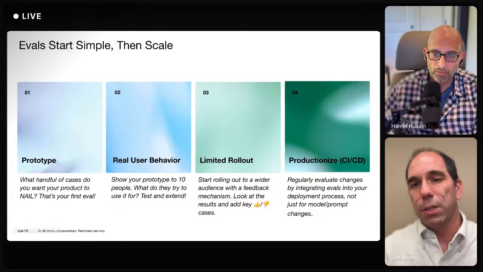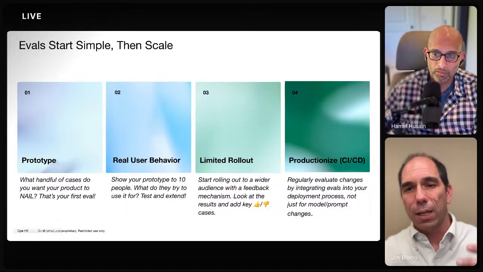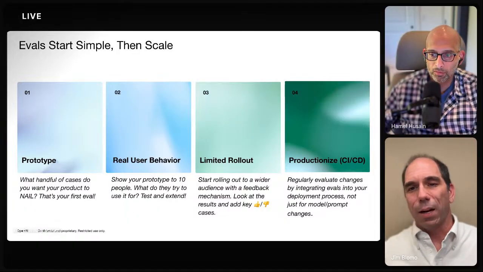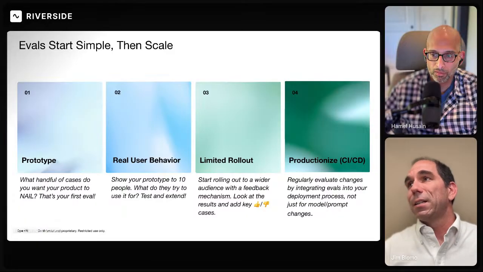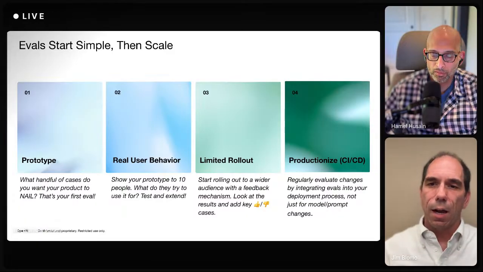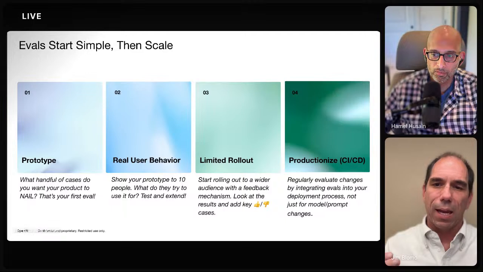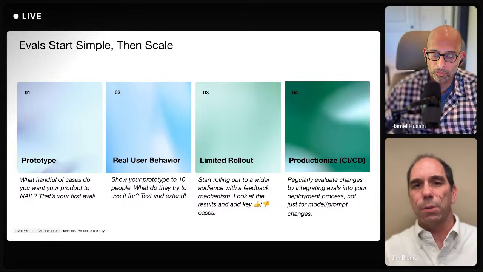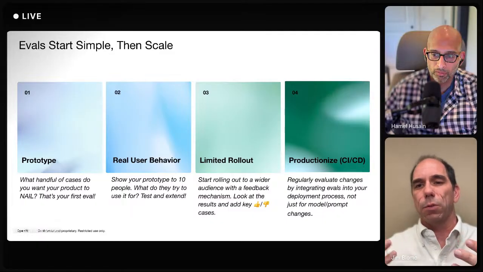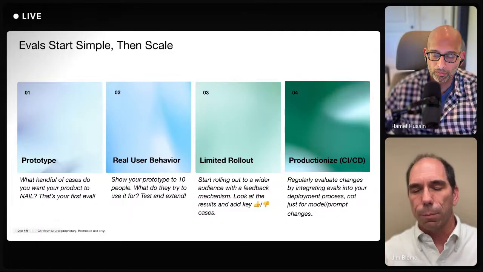And I put the thumbs up and thumbs down here specifically because you often don't need a very sophisticated tag hierarchy of cases. Often just a simple thumbs up and thumbs down lets you sort through the feedback well enough that you can get a sense of where the problems are.